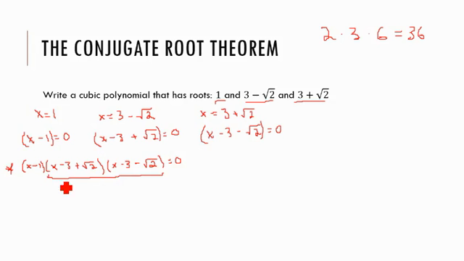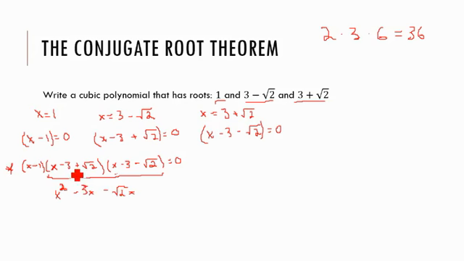So let's do our due diligence, and we're going to start with this first term, and we're going to multiply it by every term in this factor over here. So x times x is going to give me x squared. x times negative 3 is going to give me minus 3x. And x times negative square root of 2 is going to give me negative square root of 2 times x.